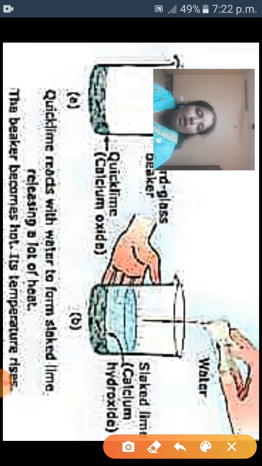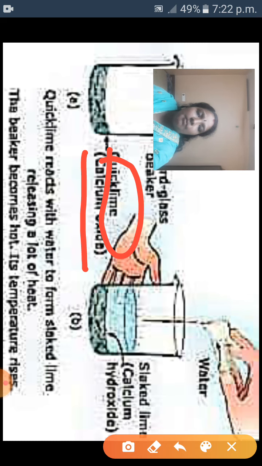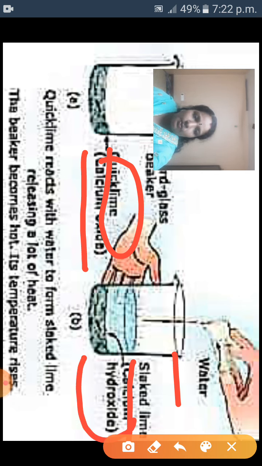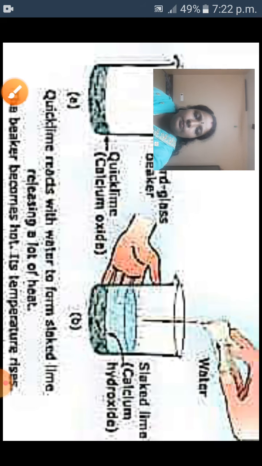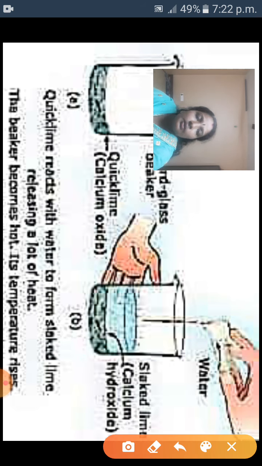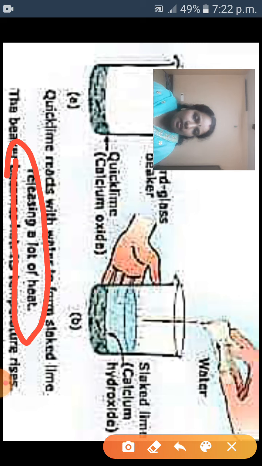Quicklime reacts with water to form slaked lime, releasing a lot of heat.